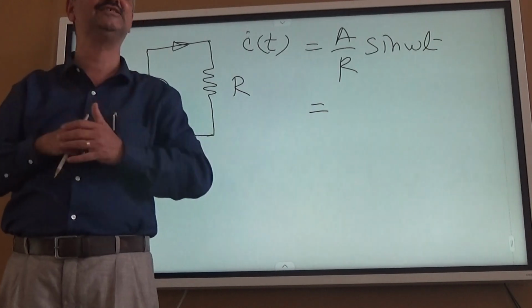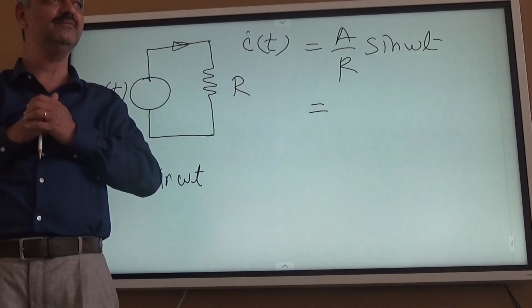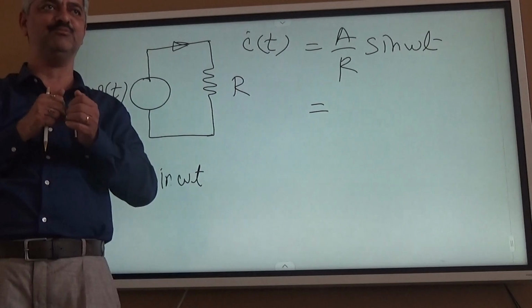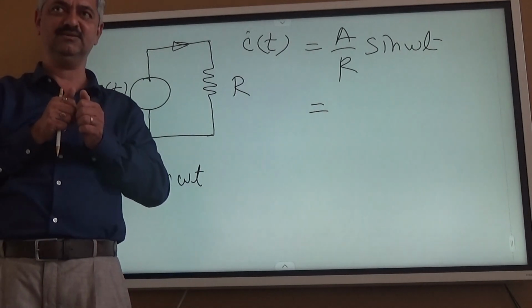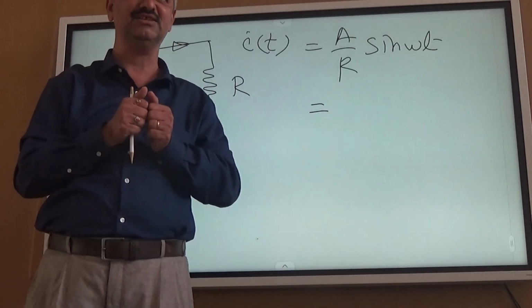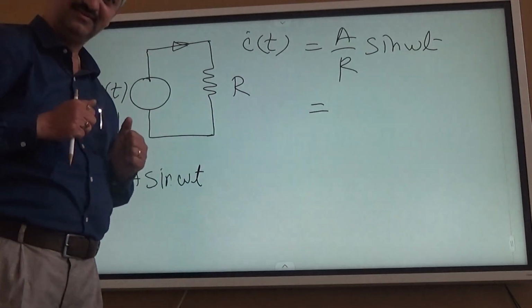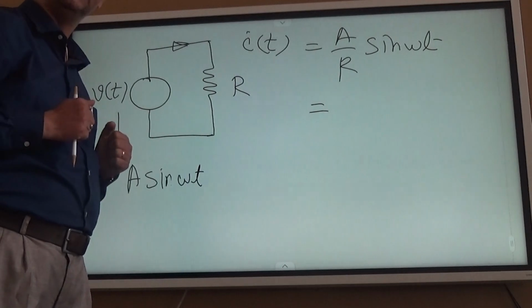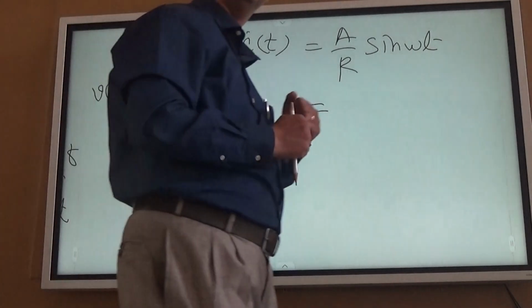Whereas few other mischievous students, what will they do? Suppose I put some message that strict action will be taken. Based on that, they will start moving towards the classroom.